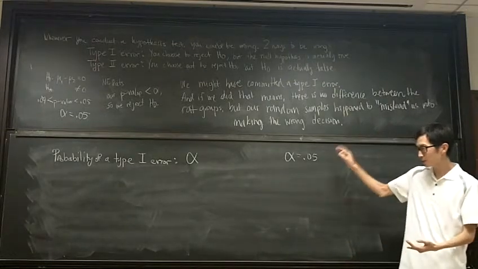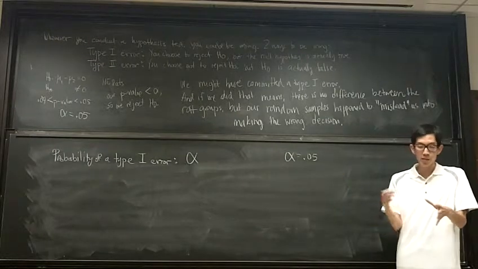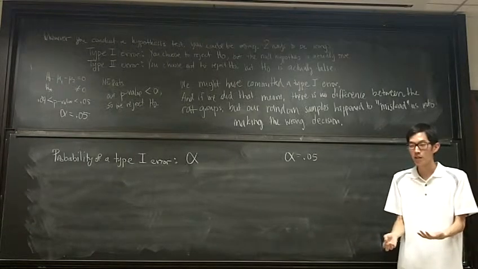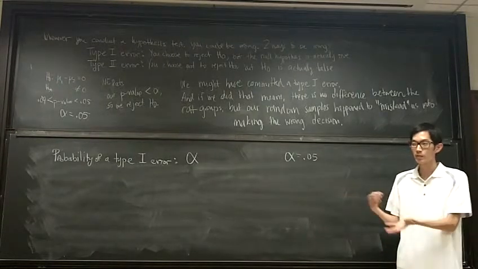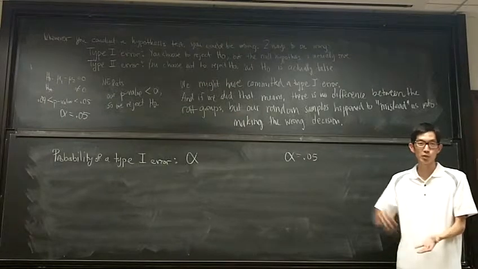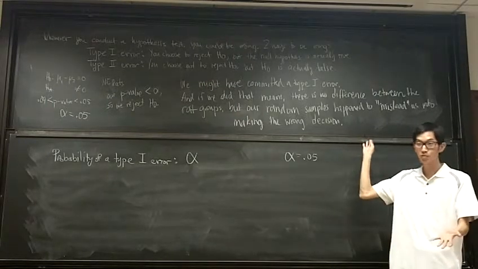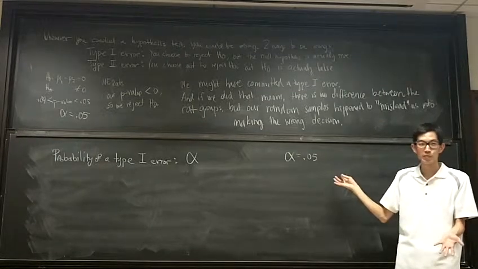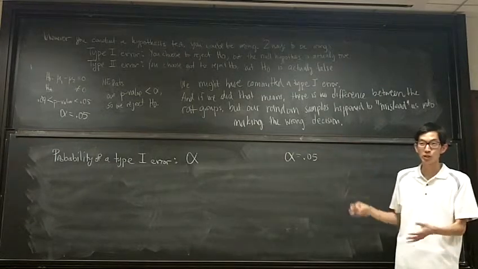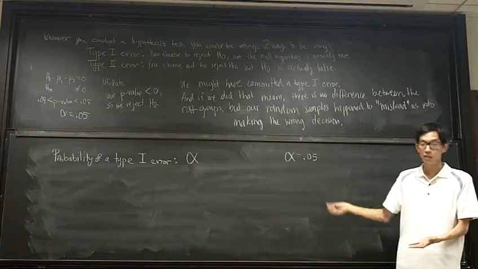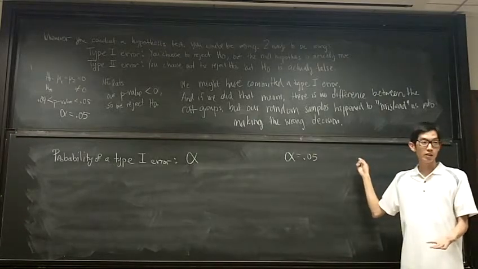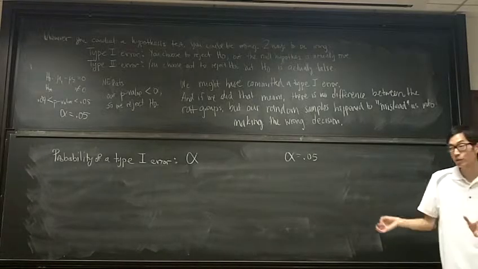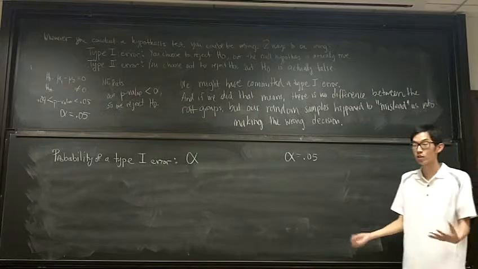Okay, so if alpha is 5%, that means anytime my p-value is less than 5%, we're going to say the probability of us observing data is small enough for me to reject the null hypothesis. But there's still a 5% chance that the null hypothesis is actually true and it produced this kind of data, right? If alpha is 10%, then anytime my p-value is less than 10%, then I reject the null hypothesis.